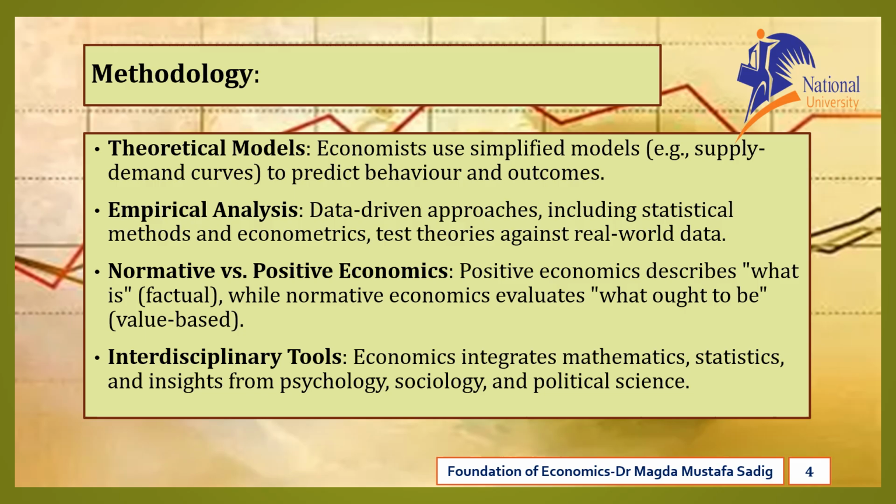The third methodology is normative versus positive economics. Positive economics is about facts, what is actually happening. It's like saying it is raining outside. Normative economics is about opinions, what should happen. It's like saying we should all carry umbrellas. I can give you an example of positive economics: raising taxes on sugary drinks reduces how much soda people buy.